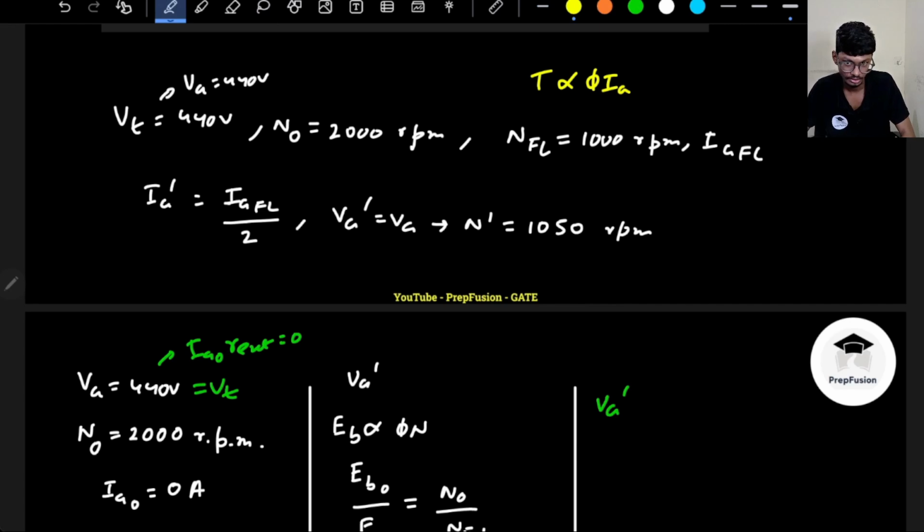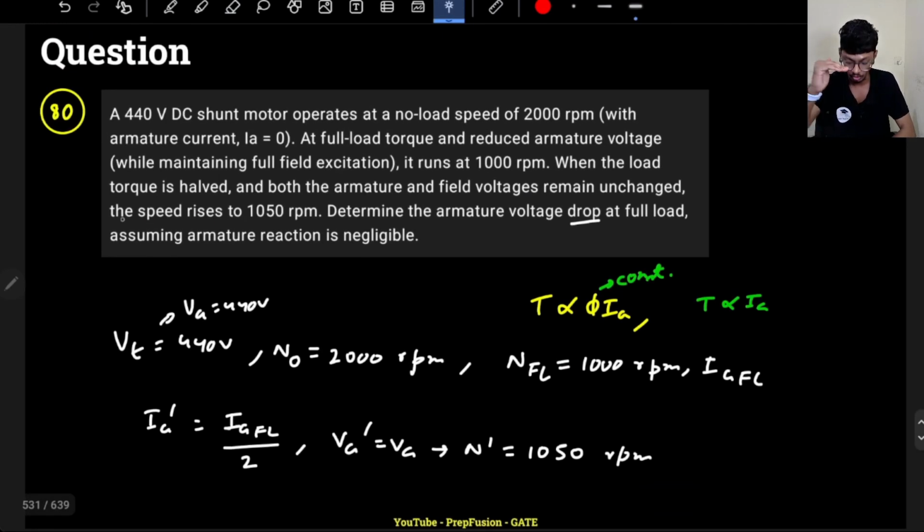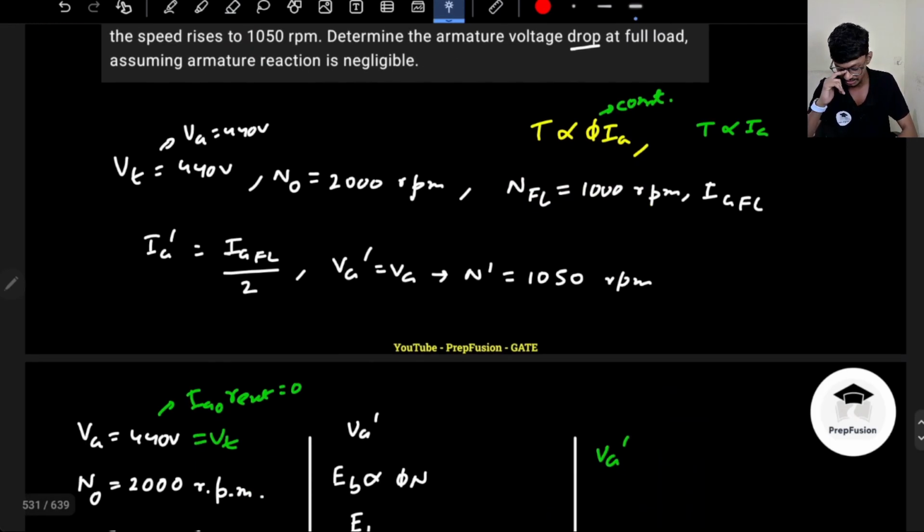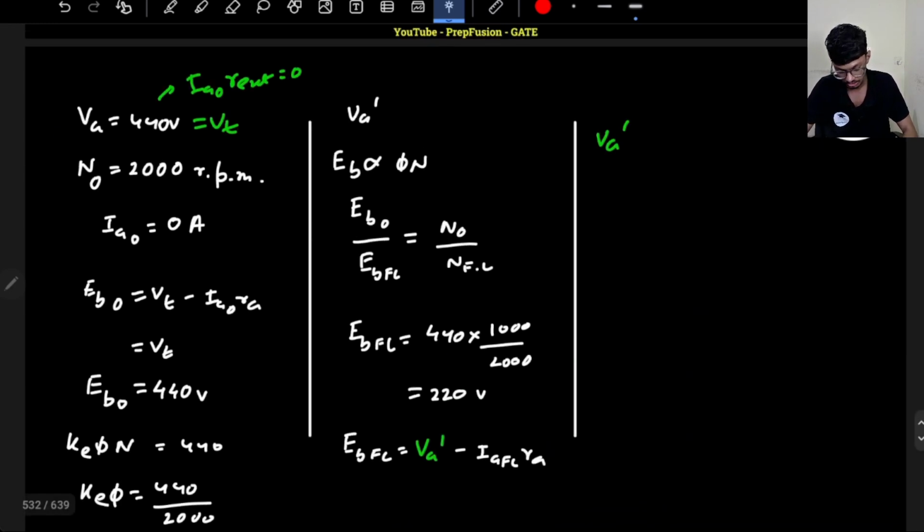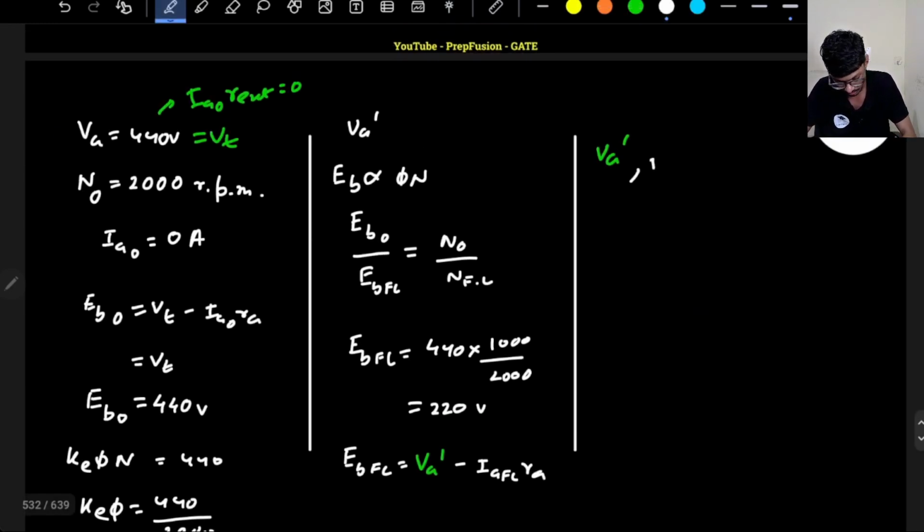As the flux is constant for a shunt machine, torque will directly be proportional to the current, right? So if they are saying that torque is half, that means the current is half. Previously it was operating at full load, now the current will be half of the full load. It is IAFL divided by 2.